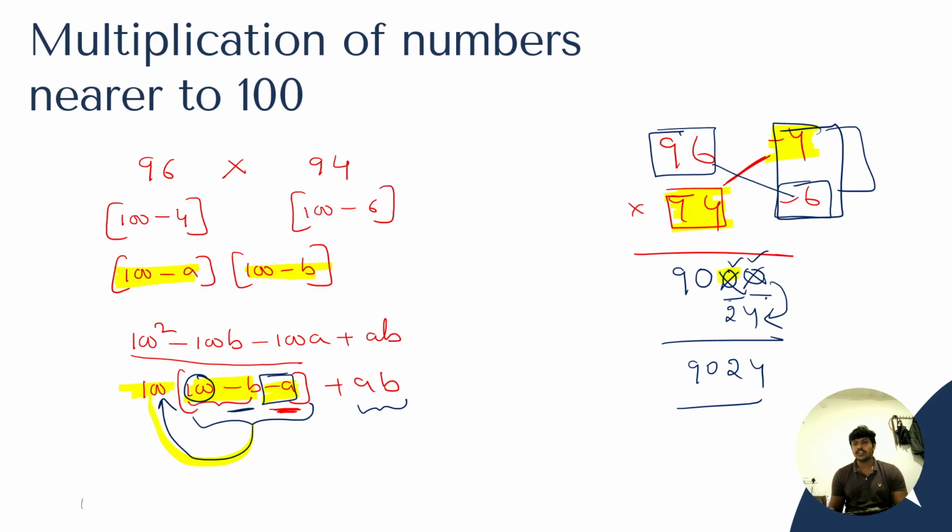So there I am going to get two zeros. But when I add 24, anyway those two zeros are going to be replaced by this 24. Then why write them? Just keep them blank. Then simply replace the last two places with the product of these two numbers, 4 into 6. I hope now it is somewhat clear.